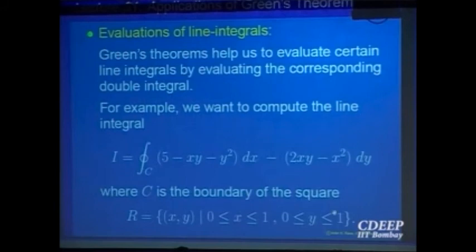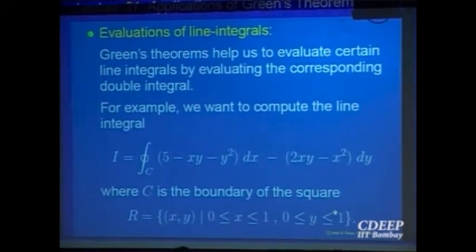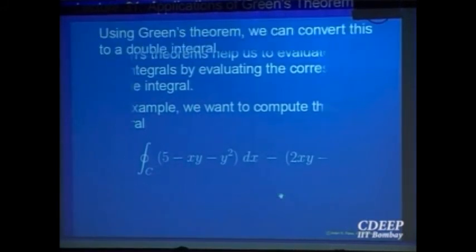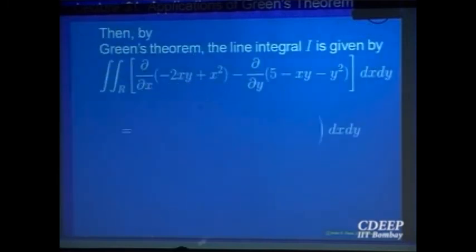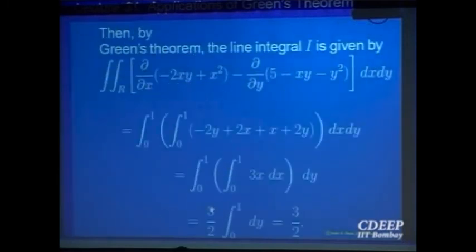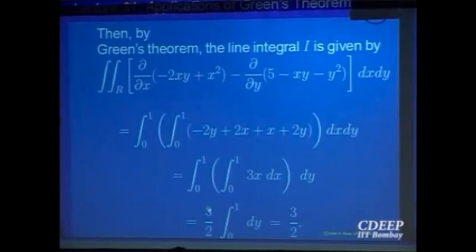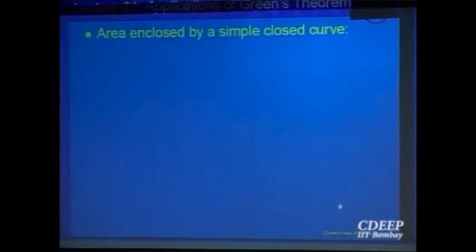You just compute one double integral over the region and you are done. So that is the advantage of Green's theorem. Instead of computing over the 4 boundary lines and adding up, you just compute the double integral and find the answer. So it simplifies the work. That depends on the problem and which one is easier to compute.